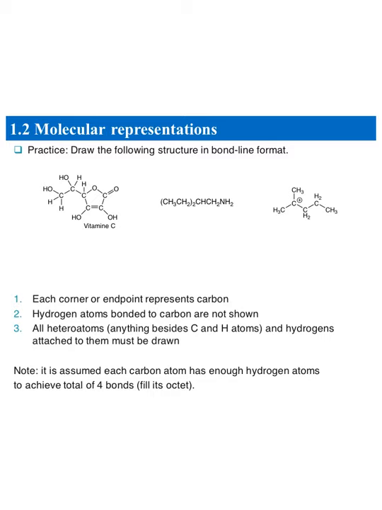Alright, so to practice, the question is asking, draw the following structure in the bond line format. The first structure is the structure of vitamin C. Before attempting to draw the bond line, I suggest you start numbering all the carbons.